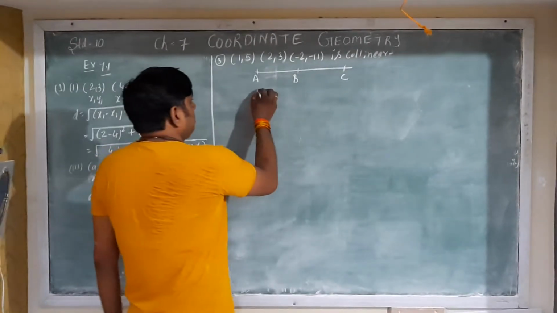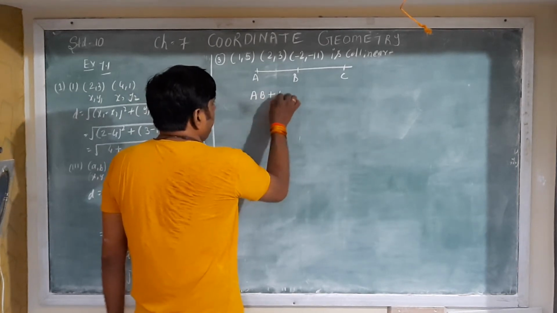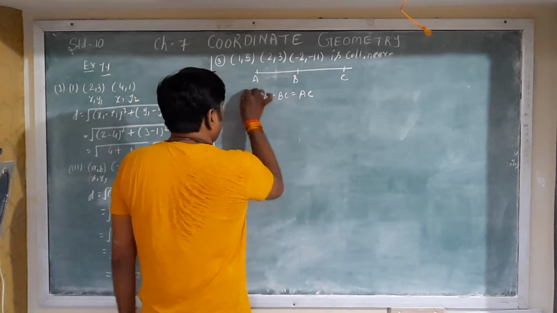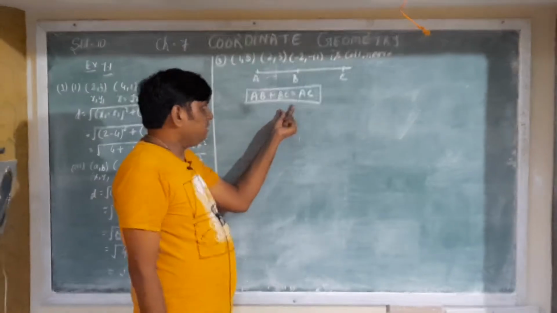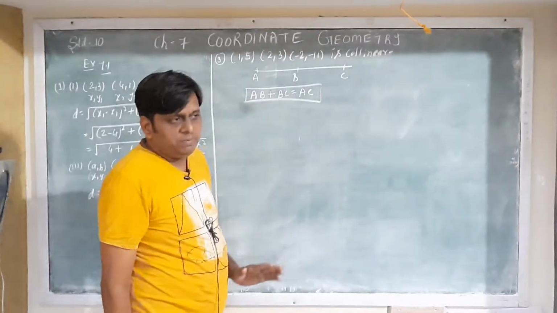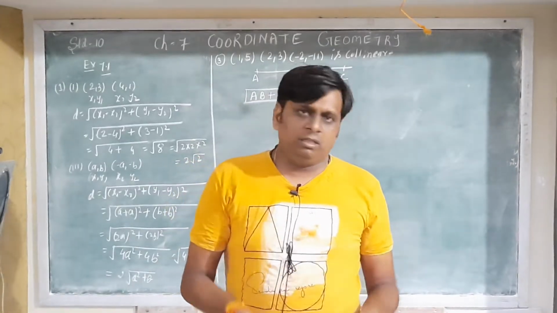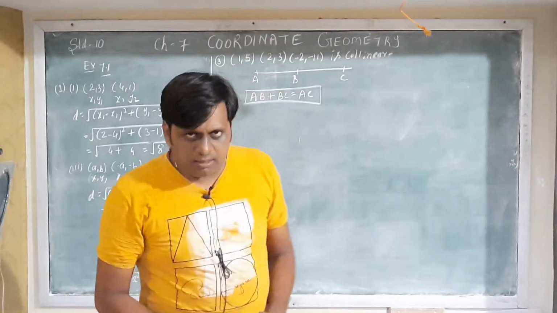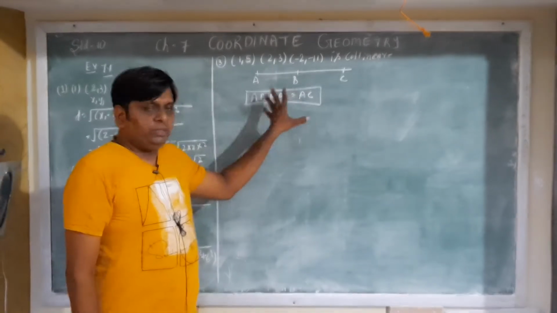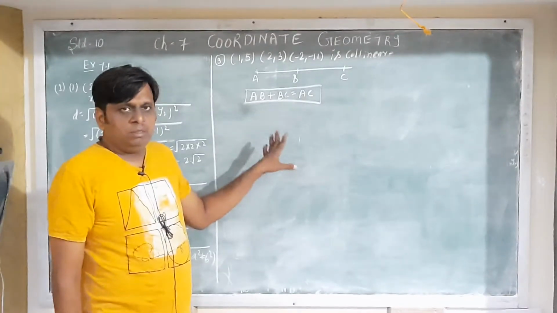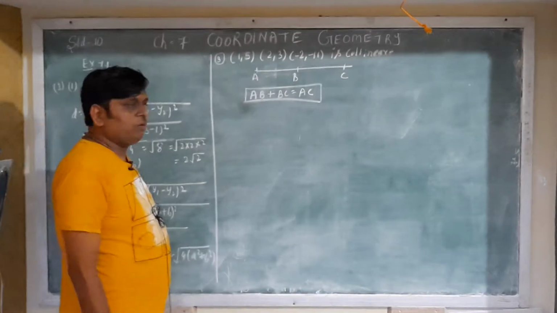Suppose ABC are collinear, so always AB plus BC equal to AC. Right? So we find the distance of AB plus distance of BC equal to distance of AC. It means the distance of any 2 points equals the sum of the distances of the other 2 points. That is the reason you say ABC are collinear.